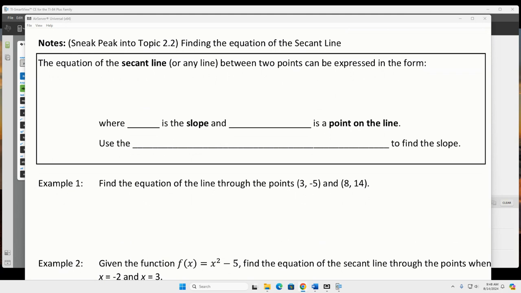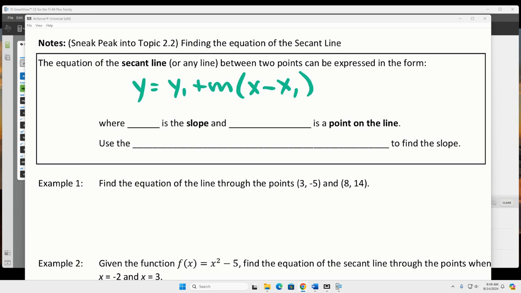So the equation of the secant line, or any line, between 2 points can be expressed in that form we just wrote. So y equals y1 plus m times x minus x1. Now if you take calculus, we will use that so many times. You're going to be grateful that you learned how to do it this year.